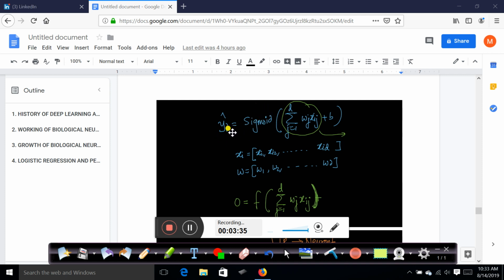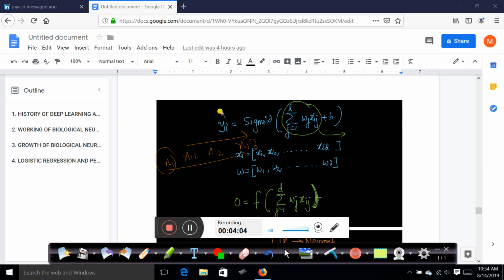As suppose this is xi1, xi2, xi3, and so on. That is, the point xi is d-dimensional.